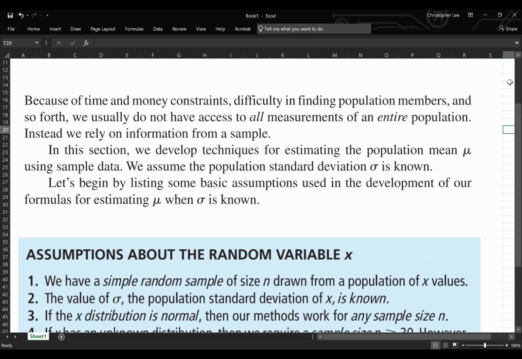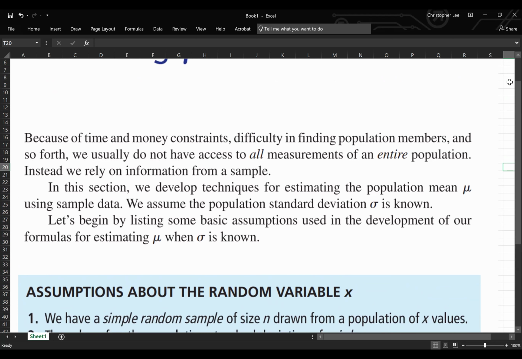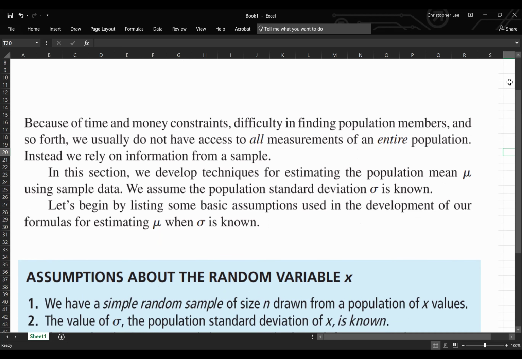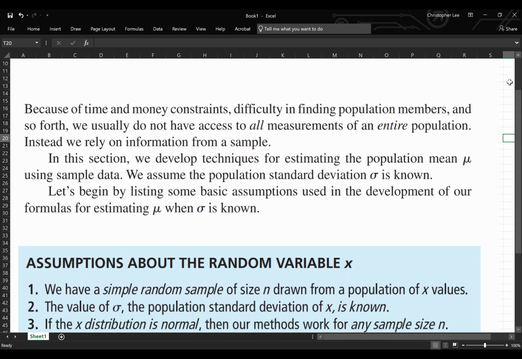First, we assume that we have a simple random sample of size n drawn from a population of x values, n being our sample size. Two, the value of sigma, our population standard deviation, of x is known. So we assume that we know what the population standard deviation is.